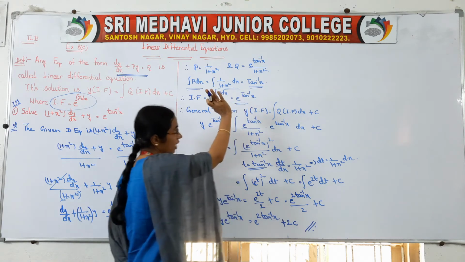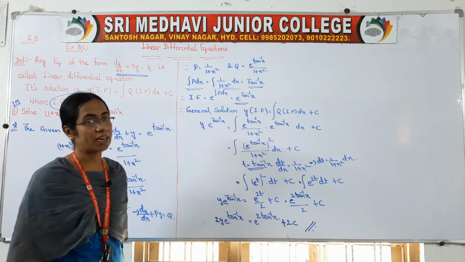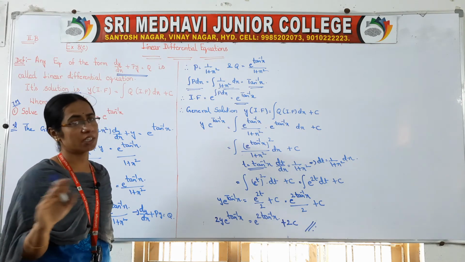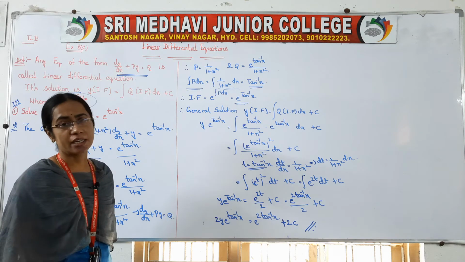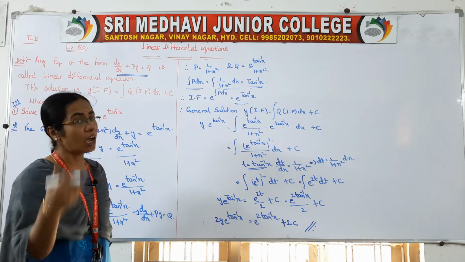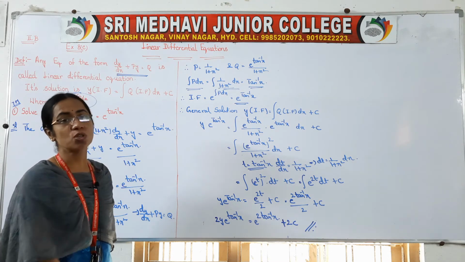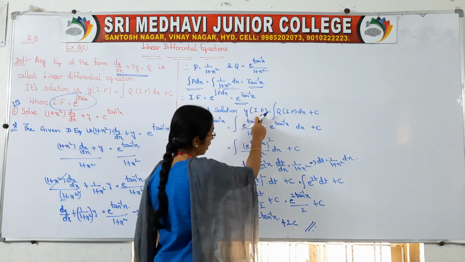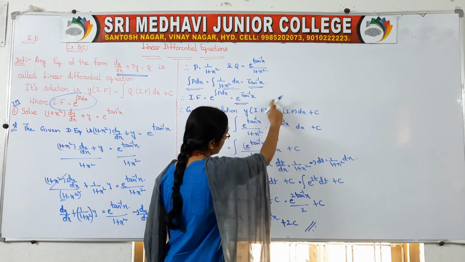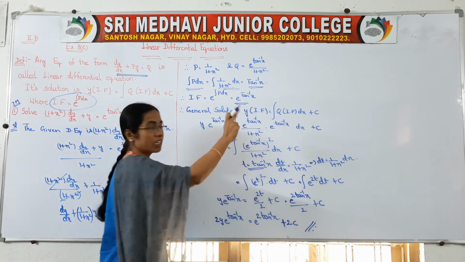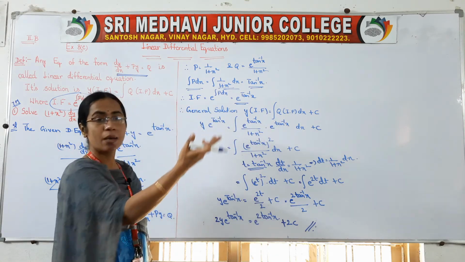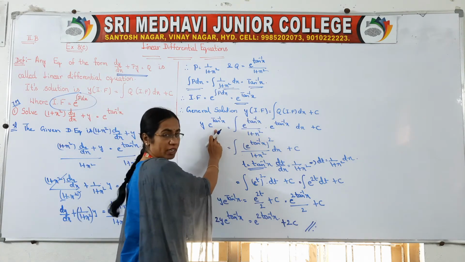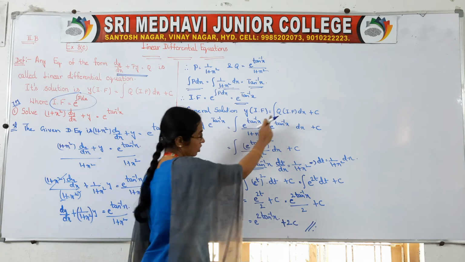So e to the power of tan inverse x is integrating factor. Once we got integrating factor, 90% work is done in these linear differential equations. Why? Our solution is with respect to integrating factor. So the general solution is y into integrating factor is equal to integration of q into integrating factor into dx plus c.